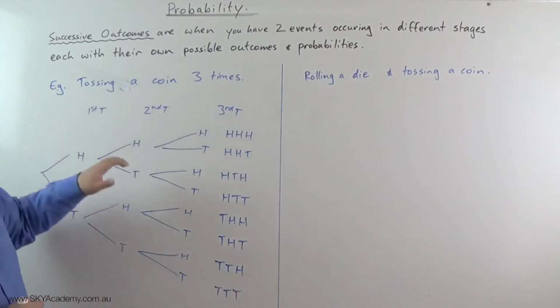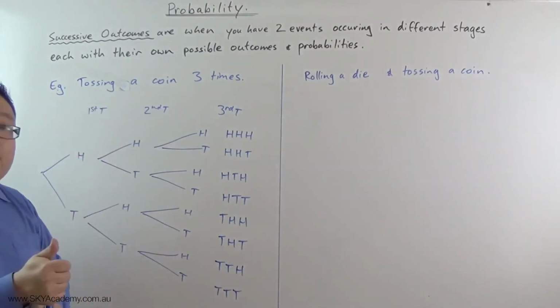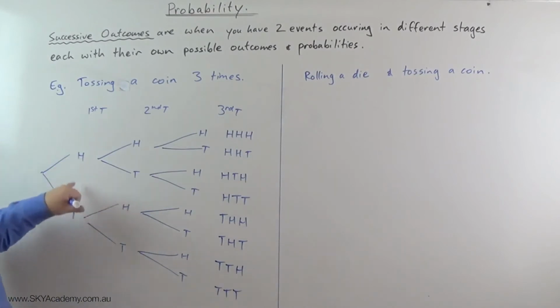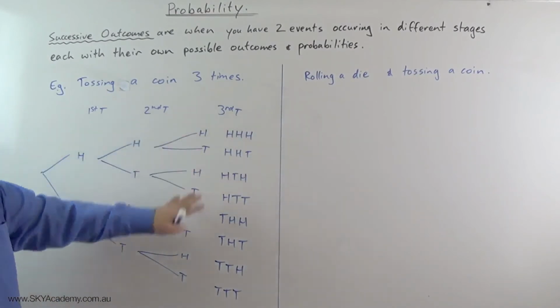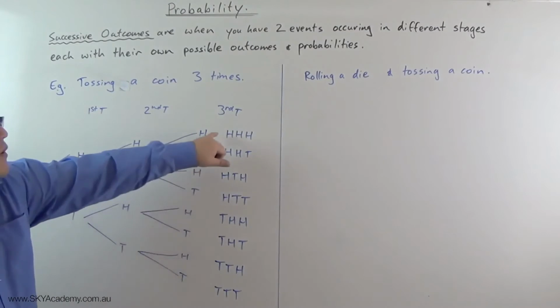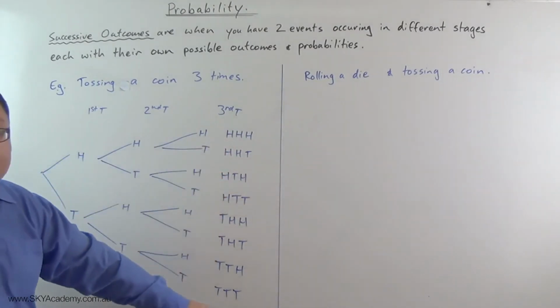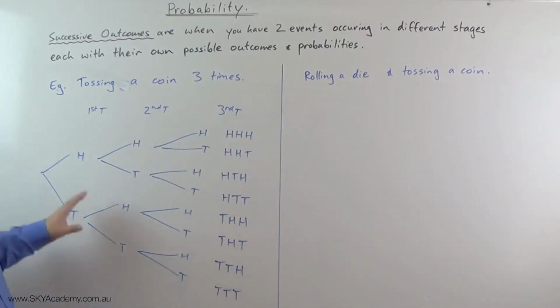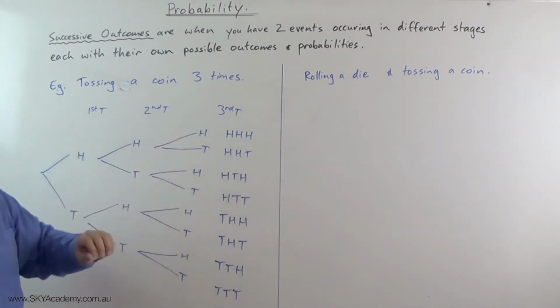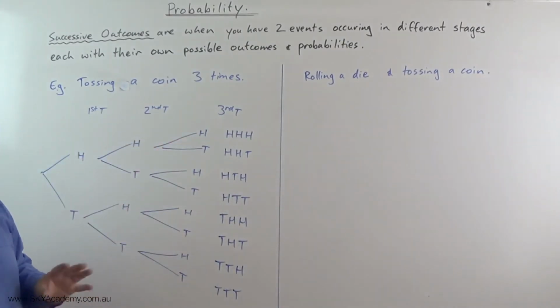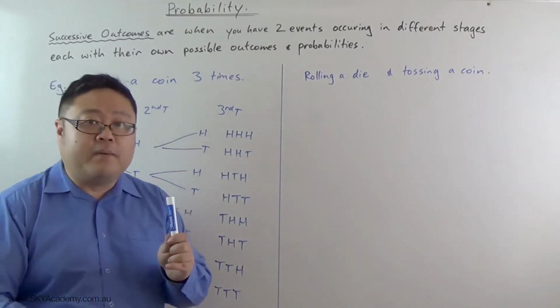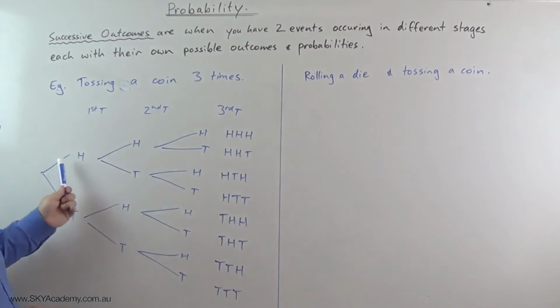So, even though one coin toss will give you two outcomes, by the time you get to three tosses, you've basically got 8 outcomes. With each coin toss, you're doubling the amount of outcomes that you can get. Now, the other thing I want to mention is, what is the probability of tossing a head?